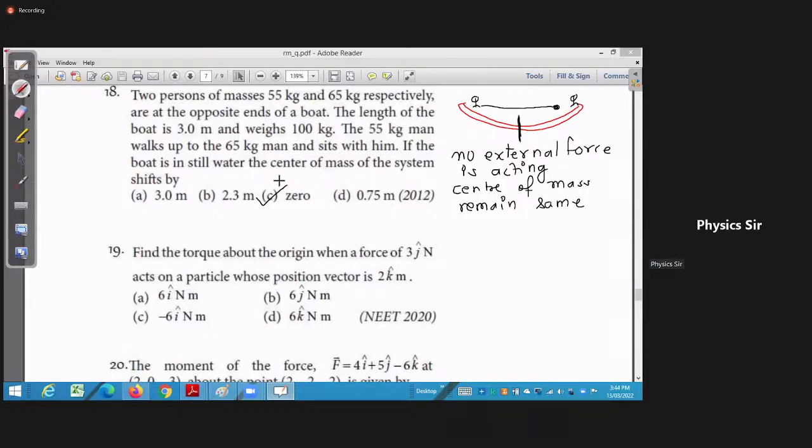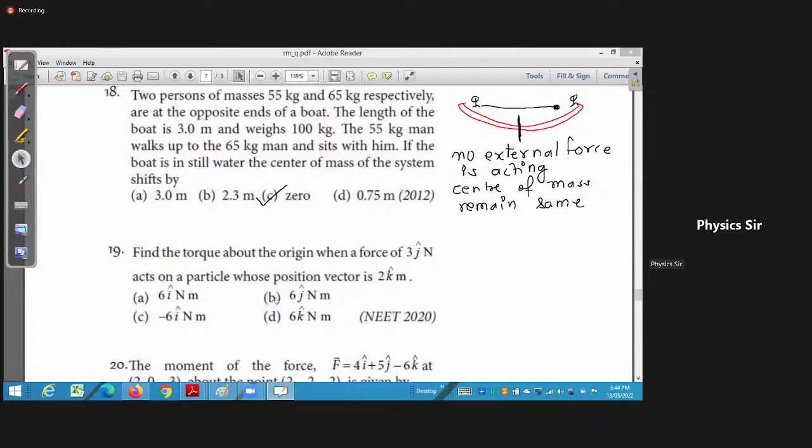Okay, done. So let's look at the next question. Find the torque about the origin when a force of 3j Newton acts on the particle whose position vector is 2k cap.